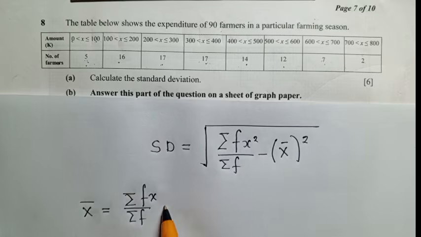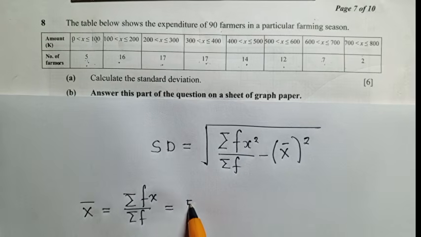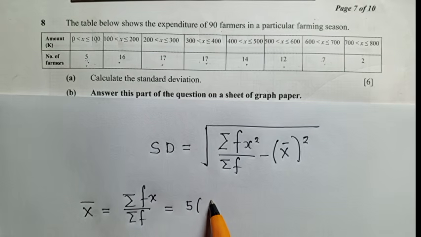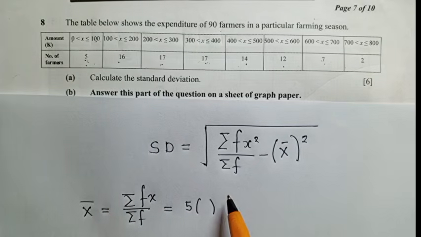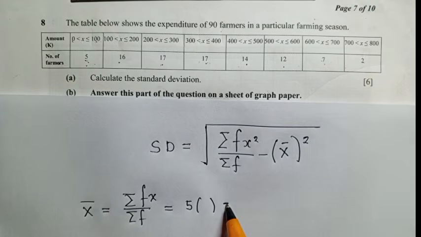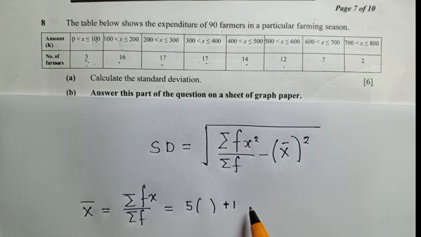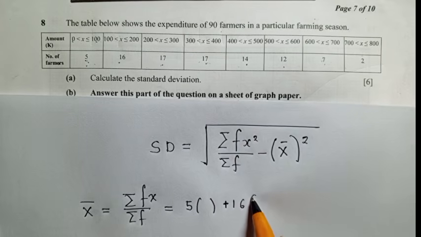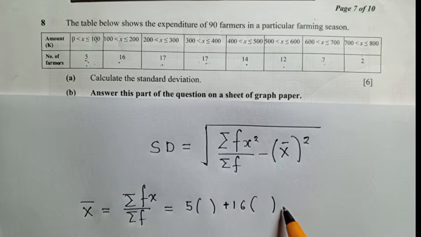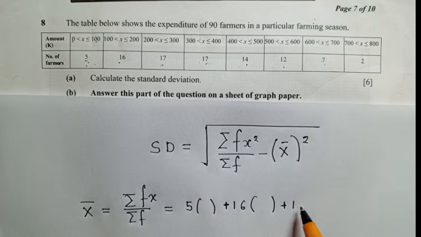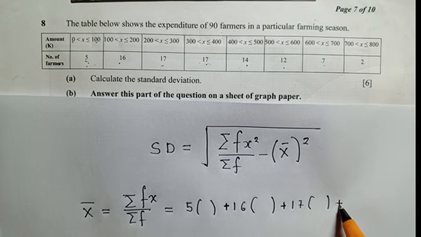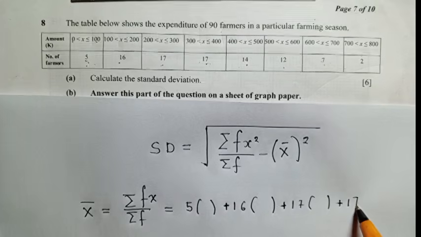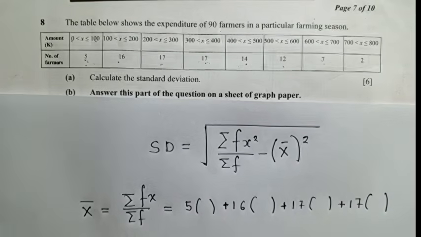Looking at the table that we have, under frequency there is a 5. I'm going to write a 5, and then open and close bracket. I'll just copy everything under frequency, and I'm leaving the brackets. So this is what we have.